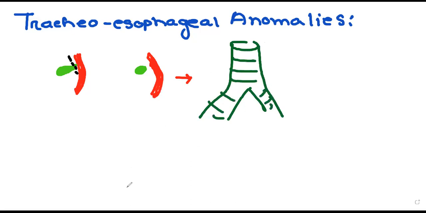And the red structure, which is a part of foregut, will give rise to our esophagus, which is just posterior to our trachea, and it is the normal relationship. But what happens if the tracheoesophageal septum, that is presented in black dotted line here, doesn't develop normally? What will be the effects, what will be the anomaly, and what will be the clinical features, we will discuss in this module.